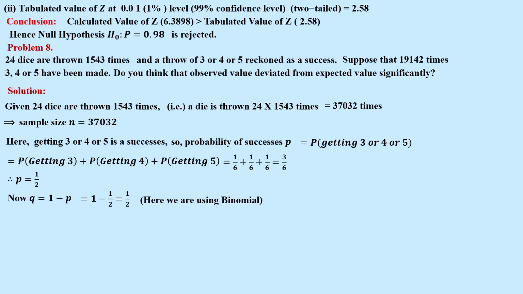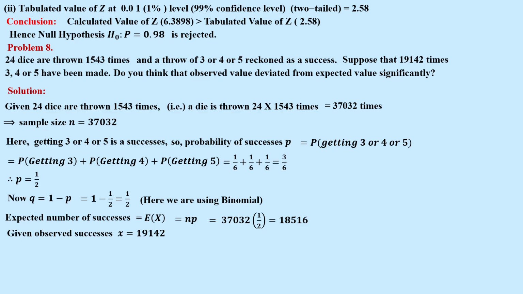I already told you, whenever you are taking coins or dice, you need to go through the binomial Bernoulli idea. So expected number of successes E of x is np, we know from the binomial. 37,032 into 1 by 2, so 18,516.